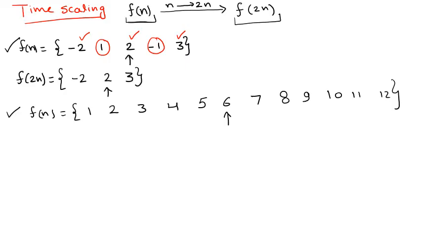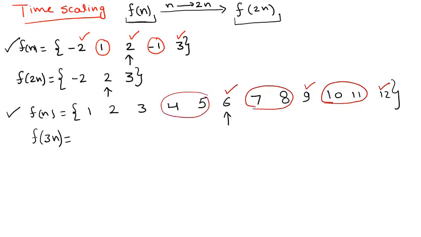Okay, so we want to find f(3n). In this case, again, we'll be dropping samples. In this case we need to drop two samples. So we'll drop these two samples. First we will retain this, drop these two samples, then retain this, then drop these two samples, then retain this. Similarly, on the left side, we need to drop these two, retain this, then drop these two.